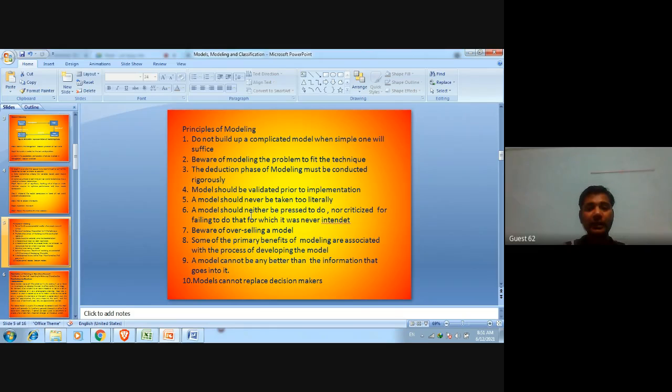Now, the next principle says a model should neither be pressed to do nor criticized for failing to do that for which it was never intended. One example of this error would be the use of a forecasting model to predict so far into the future that the data on which the forecasts are based have no relevance.